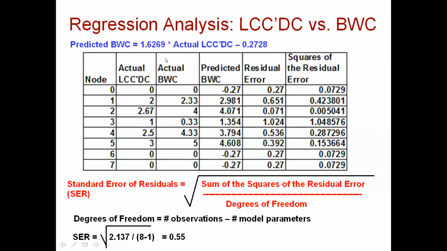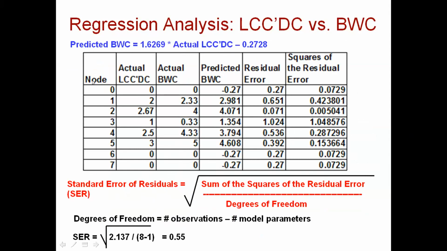We can use the actual LCC prime DC of the vertices, plug them into this equation, and predict the betweenness of the vertices. These are the predicted betweenness centrality values, and these are the actual betweenness centrality values of the vertices in that example. We find the residual errors, square them up, and use this formula to compute the standard error of residuals. The denominator is the degrees of freedom, which is the number of observations minus the number of model parameters.